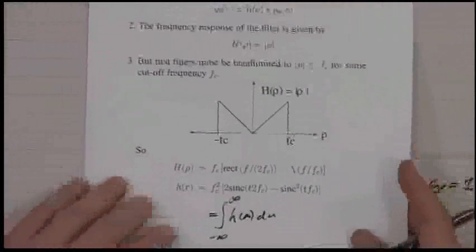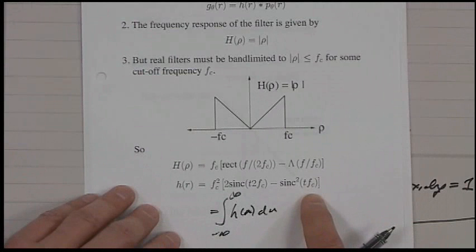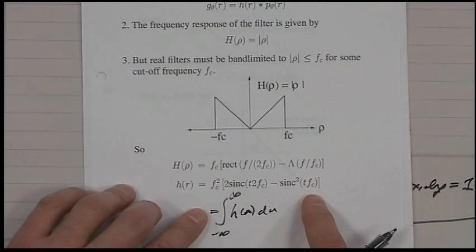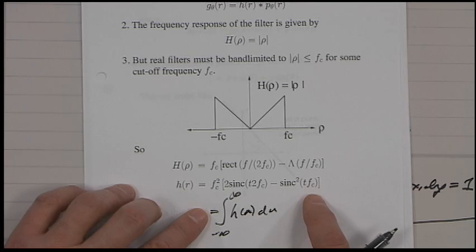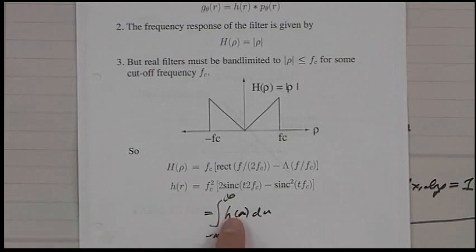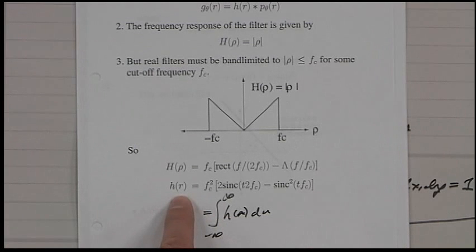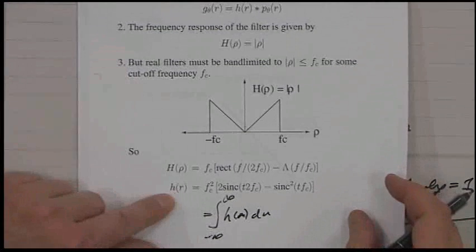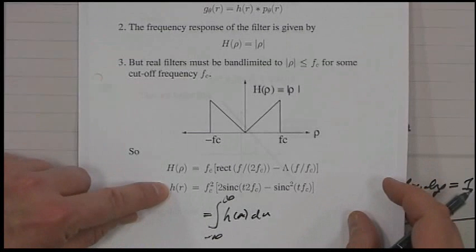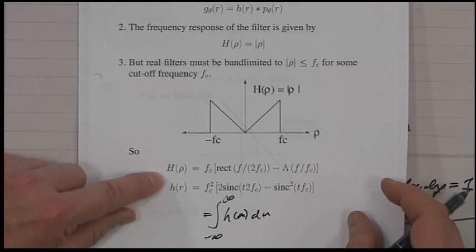So going back here, where we took a little tangent, this filter has, if I compute the integral of this impulse response, what's the integral of the impulse response in this case? So what's the Fourier transform of h of r? It's H of rho, right?